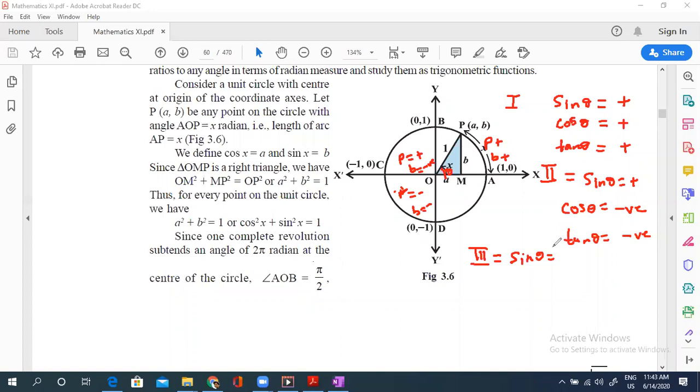So sine theta is negative, because perpendicular is negative. Cos theta, negative, because base is negative. What about tan theta? Tan theta is positive, because tan theta is equal to perpendicular by base. Negative by negative, positive. Got it? Everyone got this?